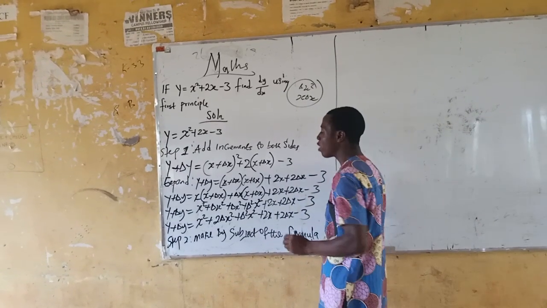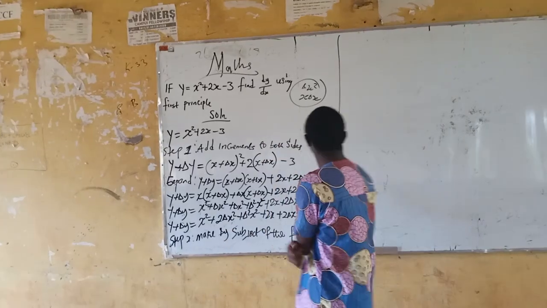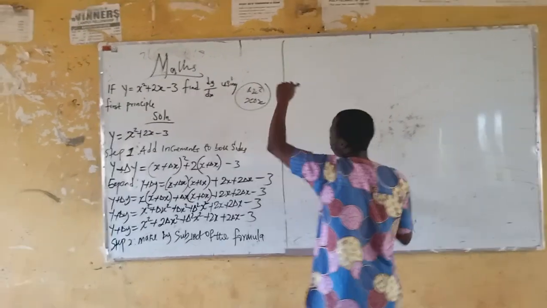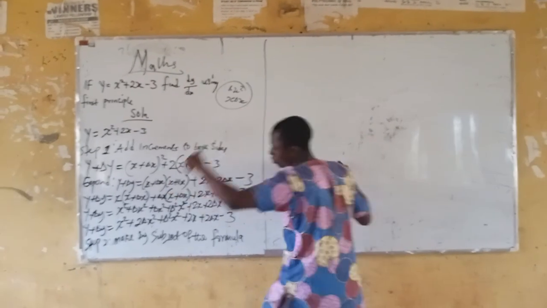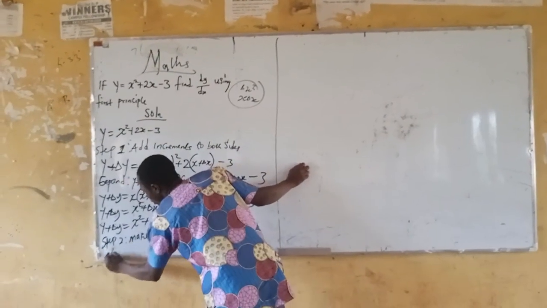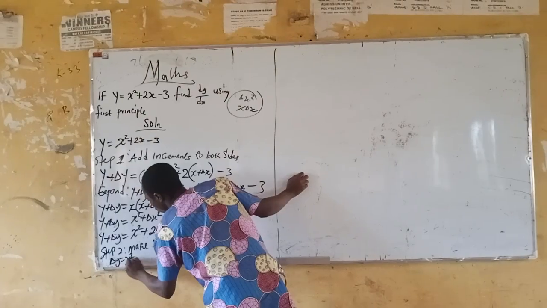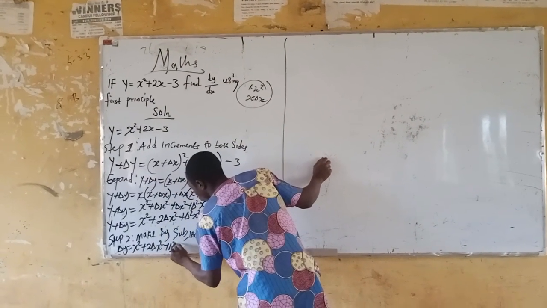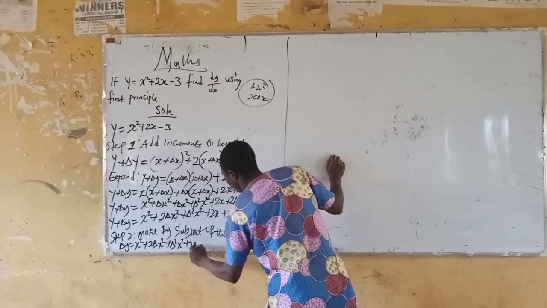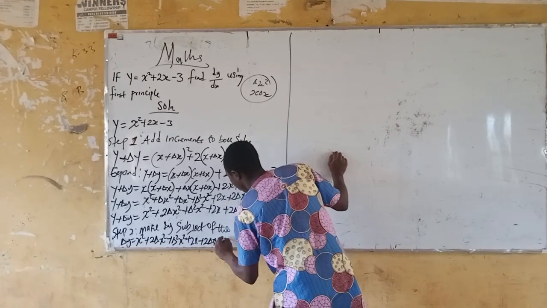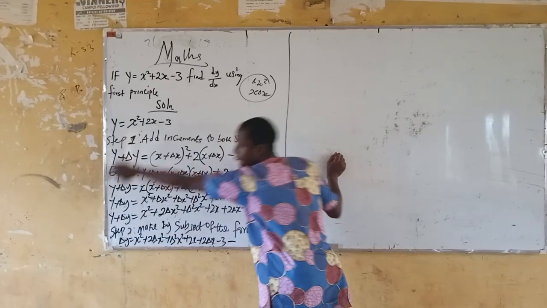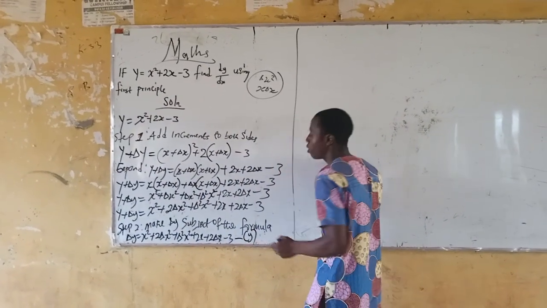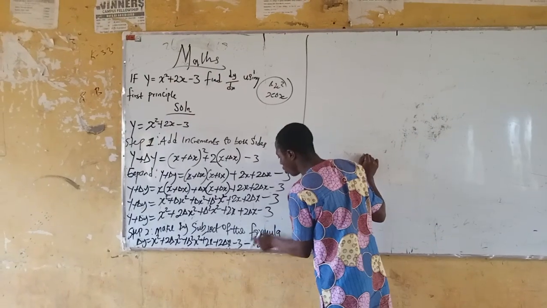Since we are going to make δy the subject of the formula, y is attached to δy, so I'm going to cross y over to this side. δy is equal to x squared plus 2xδx plus δx squared plus 2x plus 2δx minus 3, minus y, because plus y is crossing, it is going to be minus y.